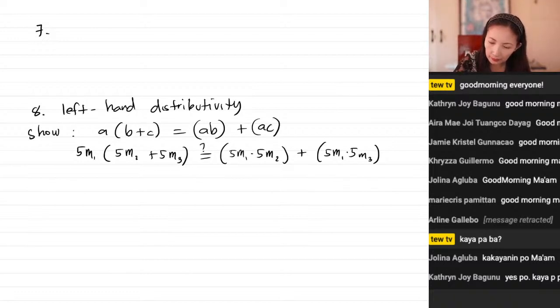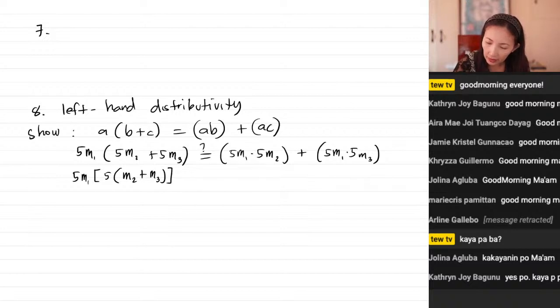So by DPMA, by distributive property of multiplication over addition, then 5m1 times, by factoring it out, 5 factored out, m2 plus m3.